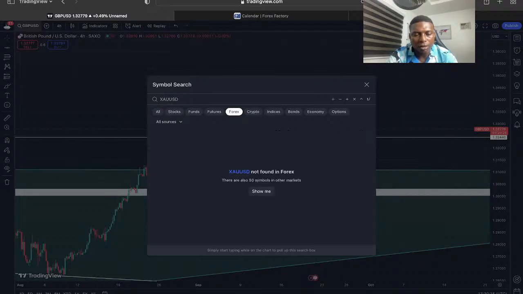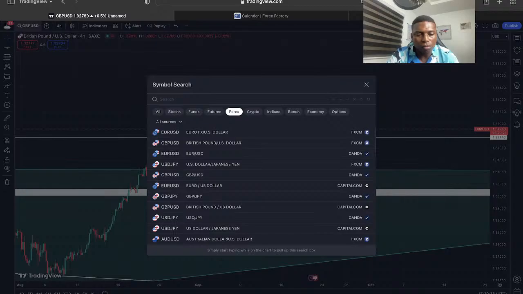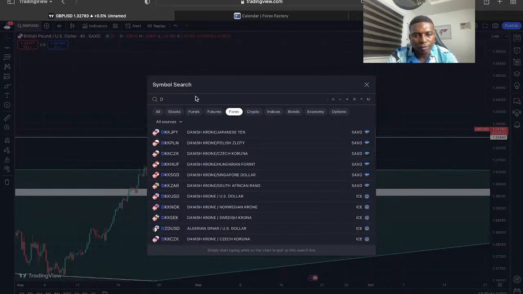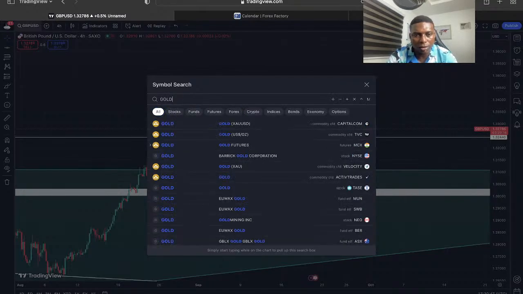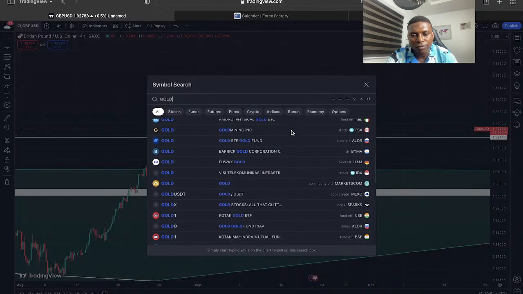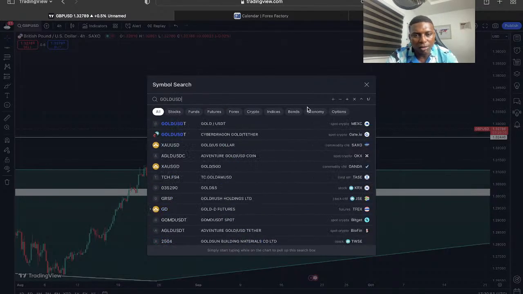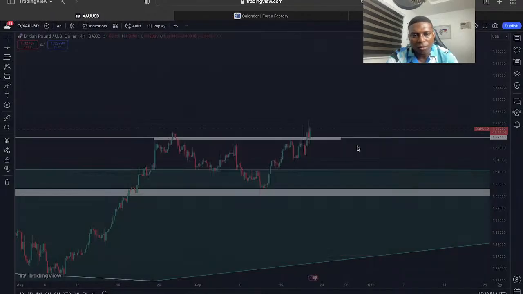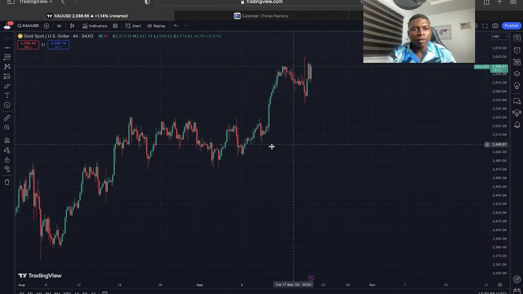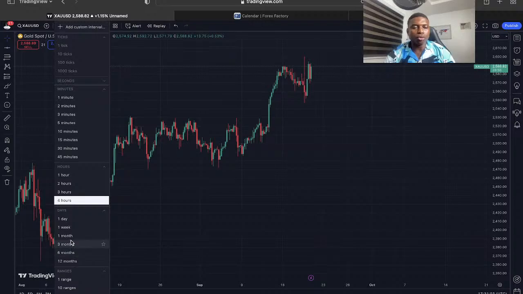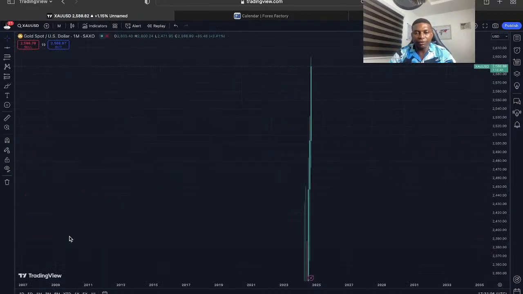Gold USD. On gold USD, we would go to the monthly time frame.